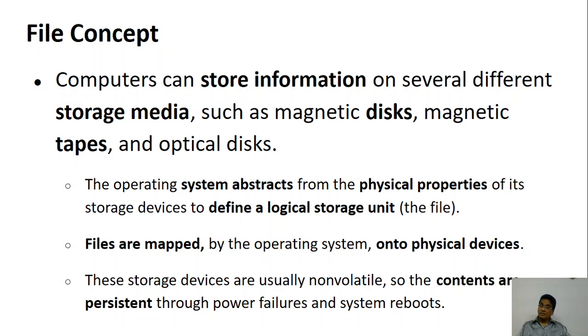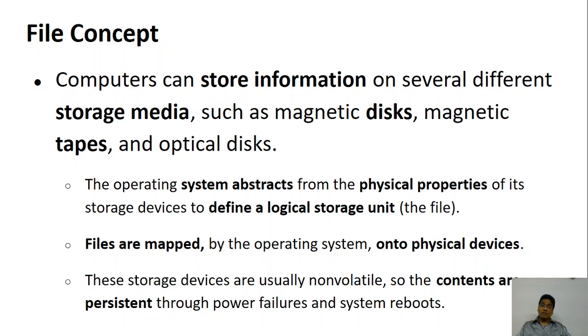So there can be many different ways in which the information can be stored. However, the techniques used to store content on magnetic media, optical media, or tunneling are very different, and these techniques are very complicated.